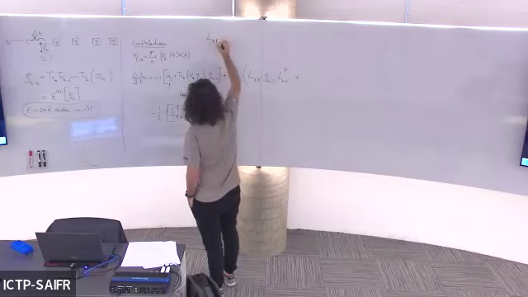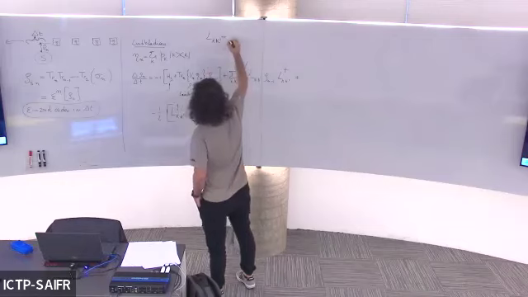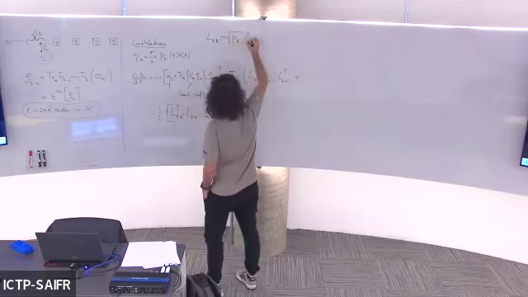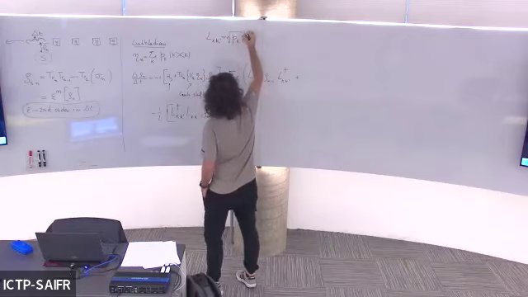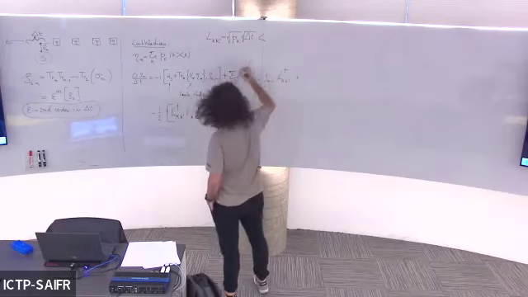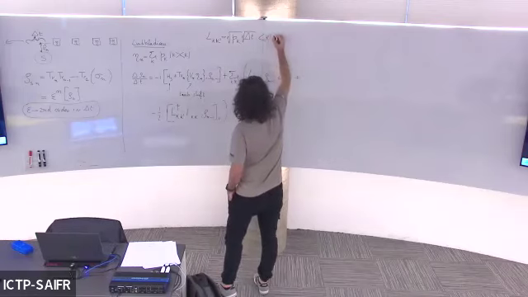L_{kk'}, which are our jump operators, are given by square root of p_k, square root of delta t, times <k'|V_n|k>.